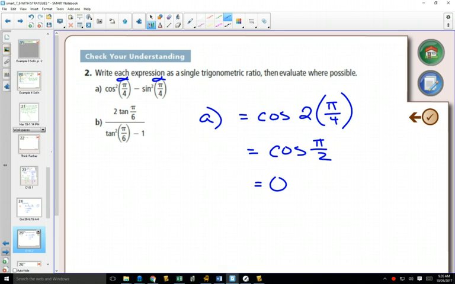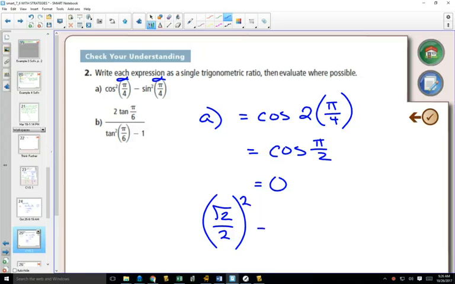In some ways I don't like this question for what they're trying to do because pi over 4 is already on your pi plate. So if someone asked you to evaluate that, what is cos of pi over 4? Root 2 over 2. So you might have said, well, I know that cos of pi over 4 is root 2 over 2, so cos squared will be root 2 over 2 squared.